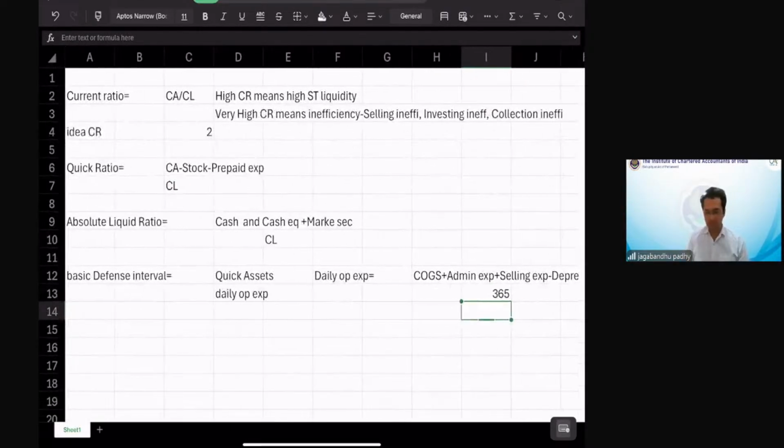So that's COGS plus admin expense plus selling expense minus depreciation upon 365. That's your basic defense interval ratio.